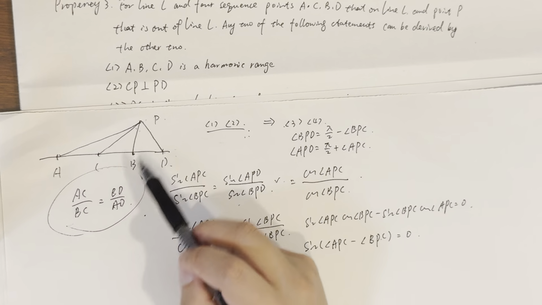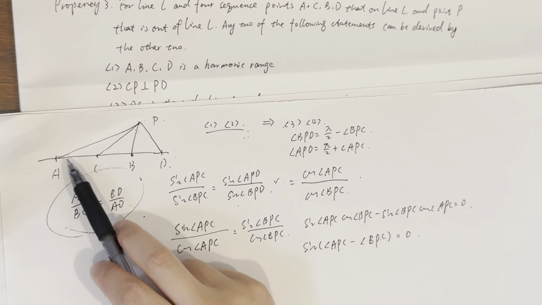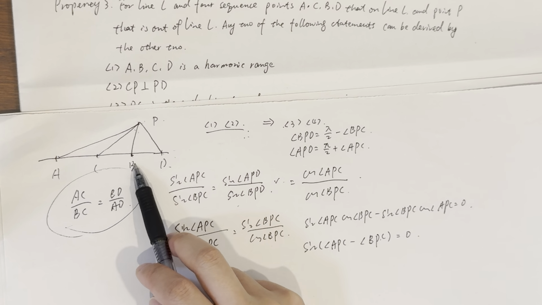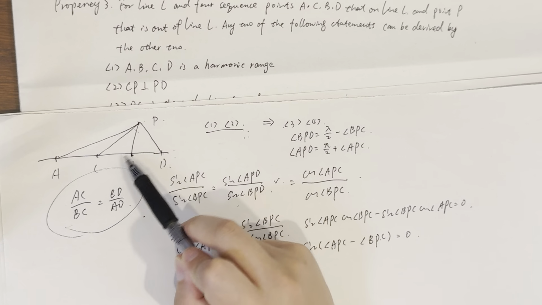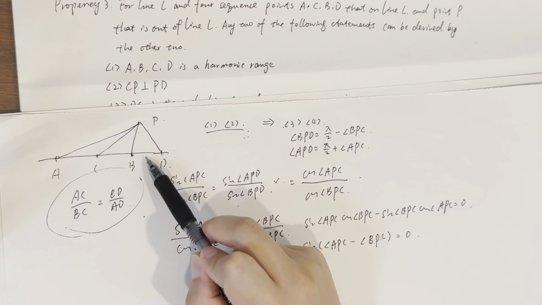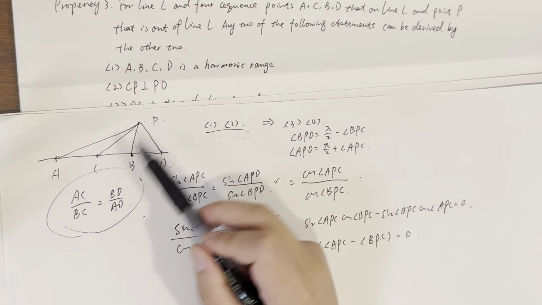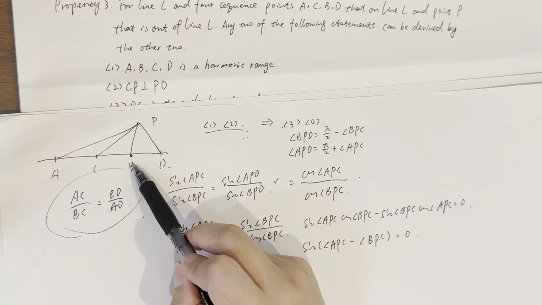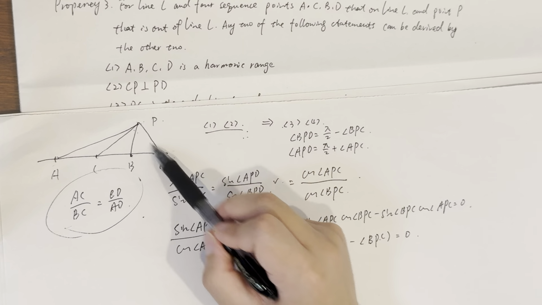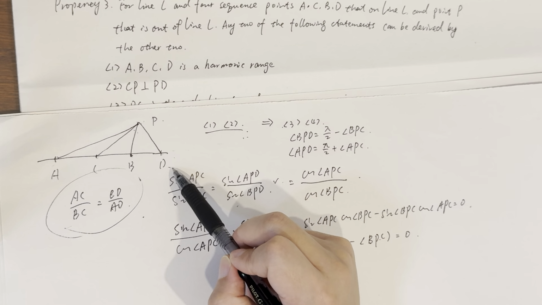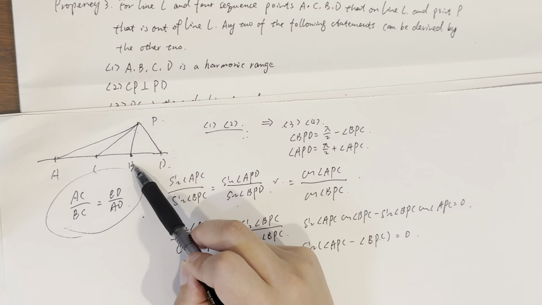That is saying PC is the angle bisector of angle APB, right? And because angle PBD plus half of angle APC equals 90 degrees, that means PD is the angle bisector of the supplementary angle of the angle APB, right?